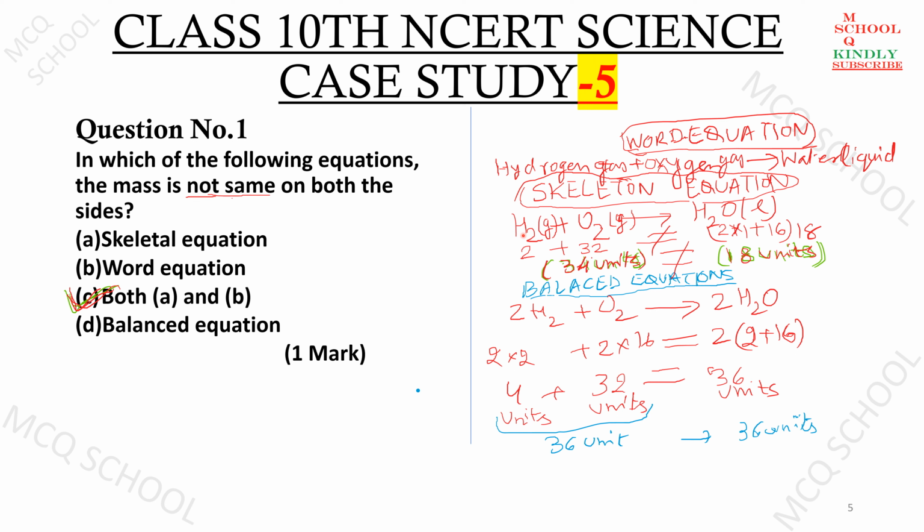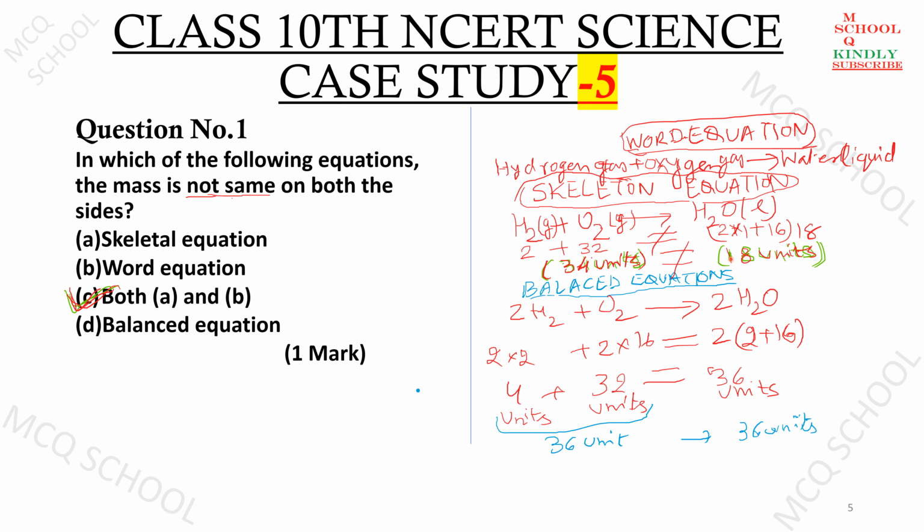If we see in this, there are 2 atoms of hydrogen, so 2 into 1, that is 2 units of mass, then 16 into 2, 32 units of mass of oxygen, and on the right hand side 2 plus 16, so 18 units of mass. But the left hand side is 34 units, the right hand side 18 units. So this is not balanced.